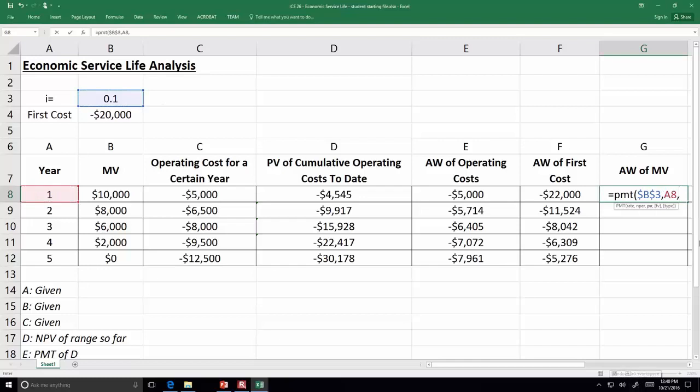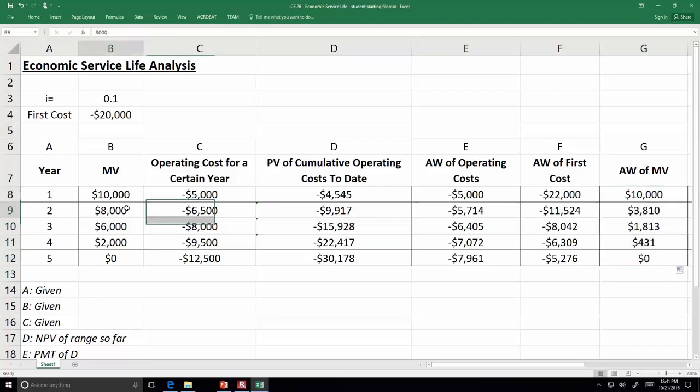But now we need to skip over the present value field, because this market value isn't at time 0. It's at the end of the cash flow diagram. So skip over the present value field, and now it's a future value that we'll click on the market value, and you find out, if you move it to however many years you're having, what's the annual value of the market value.